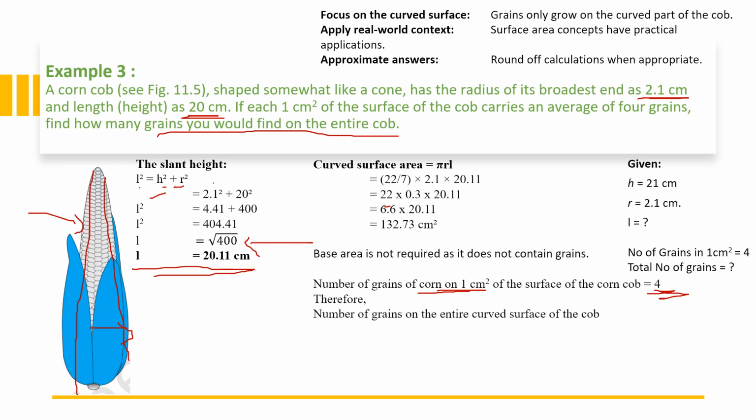So the number of grains on the entire curved surface of the cob is the total curved surface area, multiplied by 4.